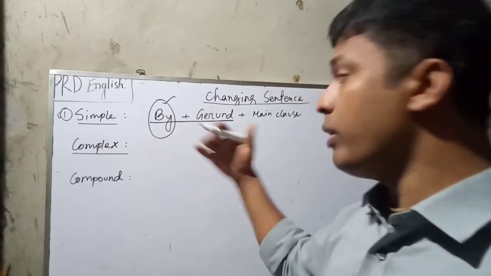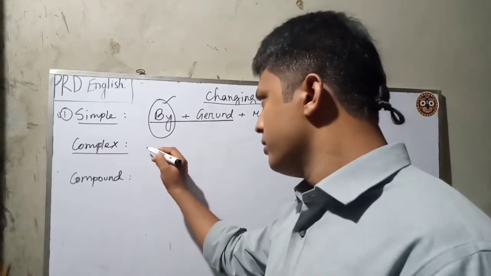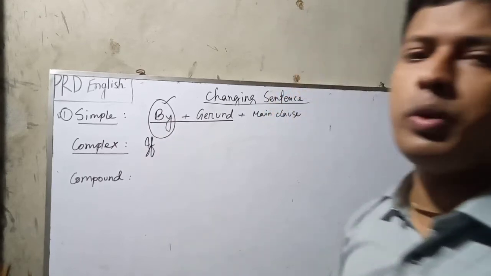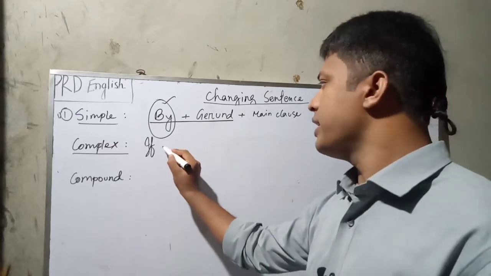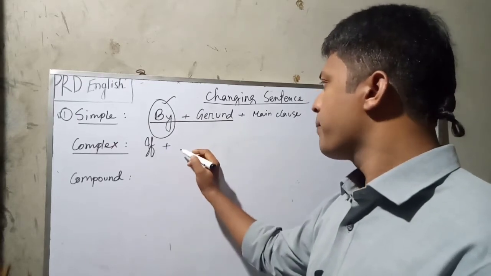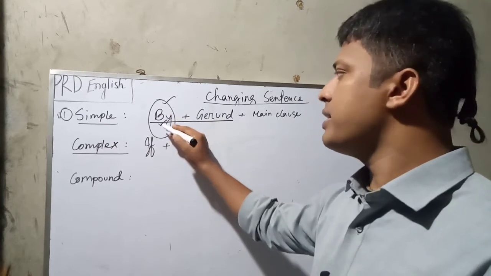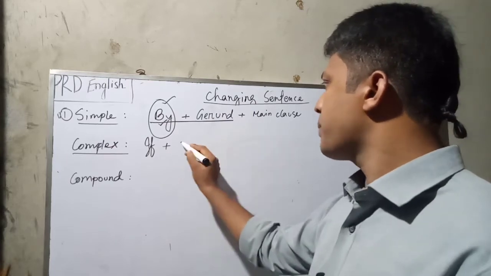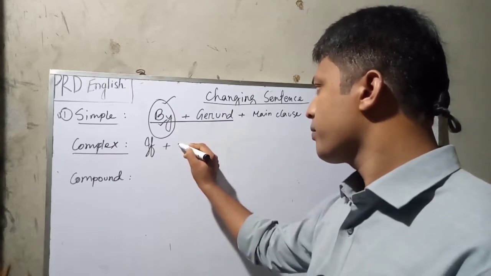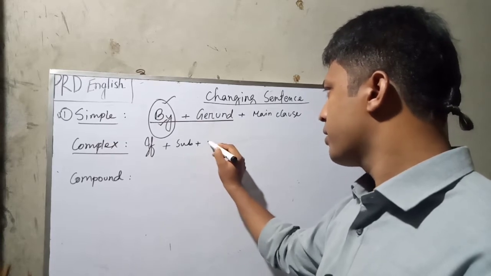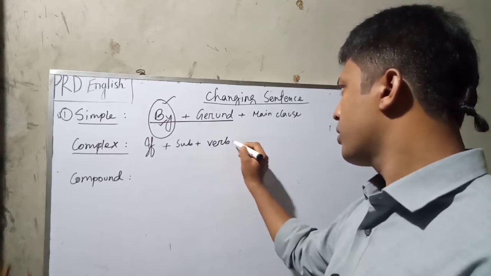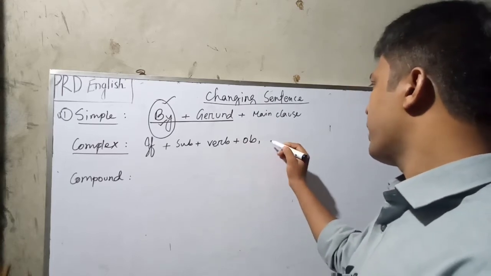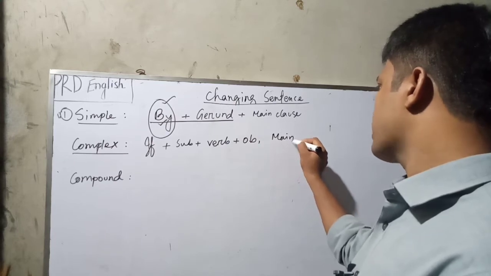Now we will see how to change it. For this we should put if instead of by, then the subject, verb, and if there is any object, the object, then a comma, then the main clause.